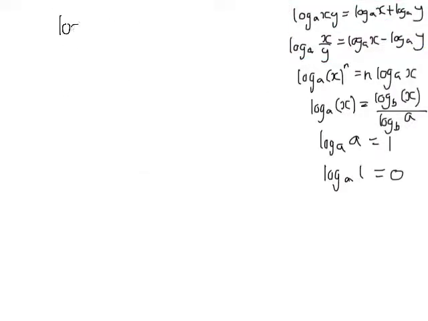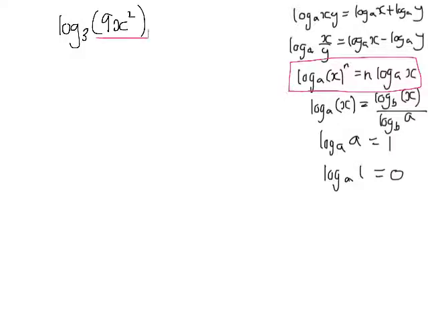Look at another example, log to the base 3 of 9x squared. Now, we're going to use the power law of logs, our third law, but we need to be careful here. We haven't got 9x all squared, we've got 9 times x squared.